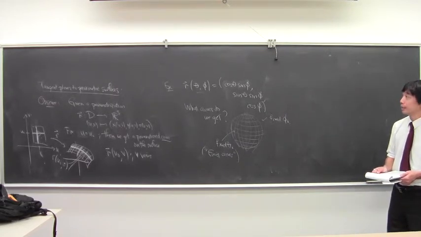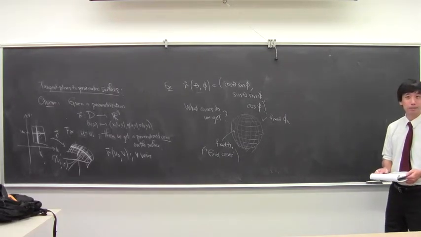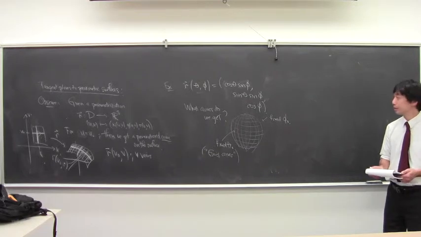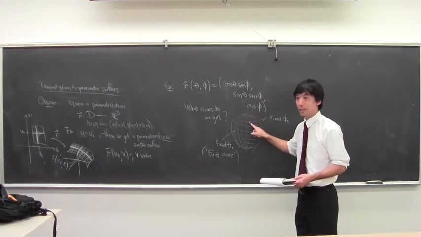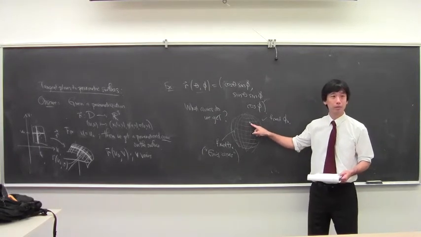Okay, so how do you think we get the tangent planes? Does anyone have an idea? Suppose somebody says, "I'd like to get a tangent plane here." How would you do it?